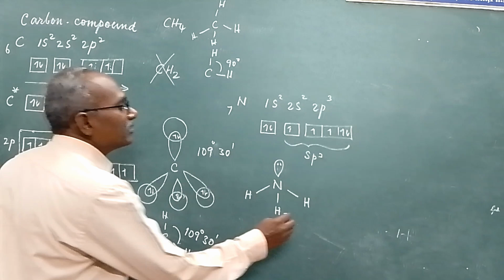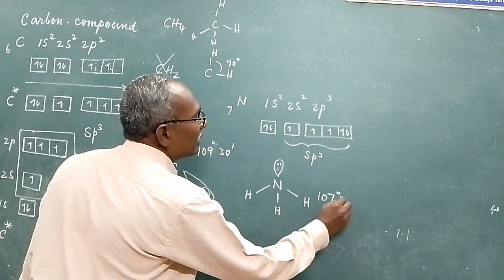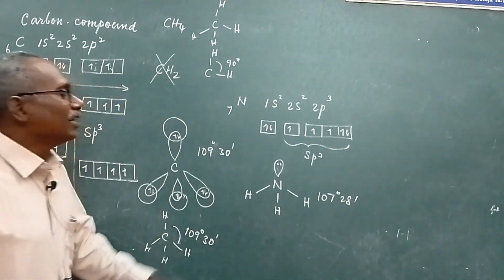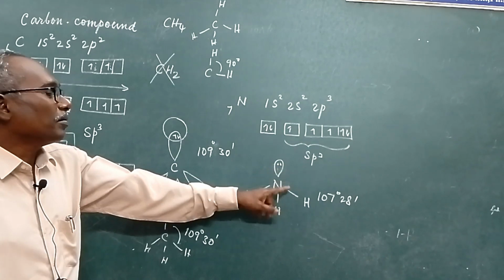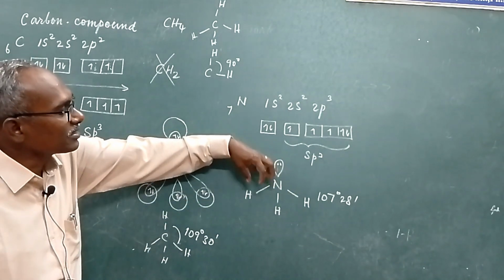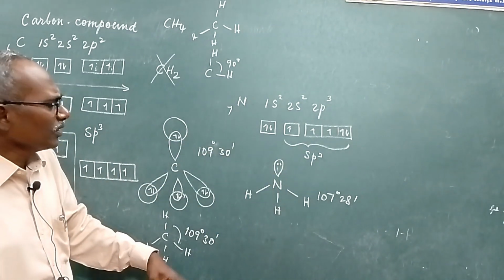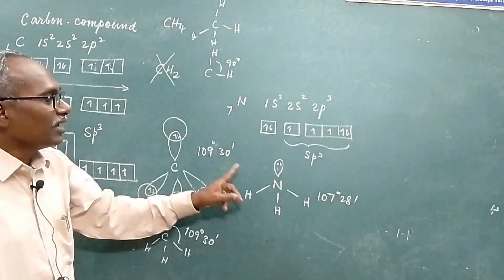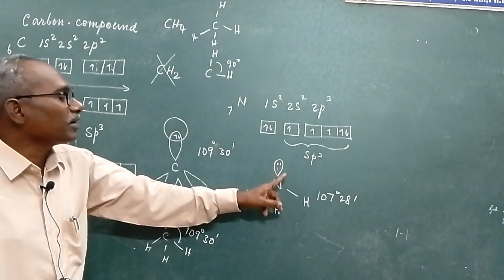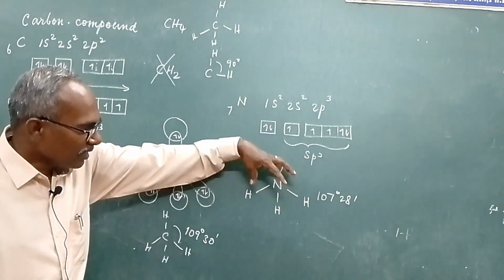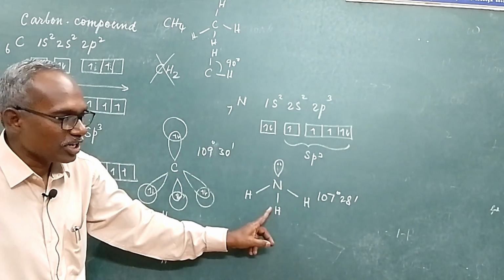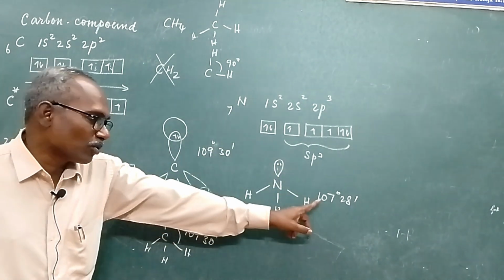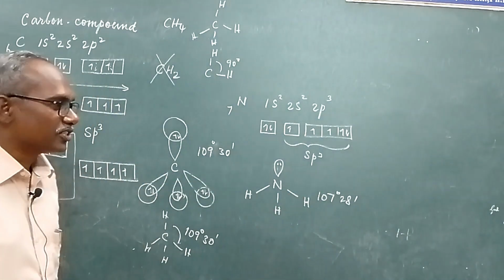Now the bond angle is 107 degree 28 minutes because of the lone pair bond pair interaction. It is pushed down. Originally the tetrahedral bond angle is 109 degree 30 minutes, but now because of the lone pair bond pair interaction, ammonia is in a pyramidal shape. The bond angle becomes 107 degree 28 minutes.